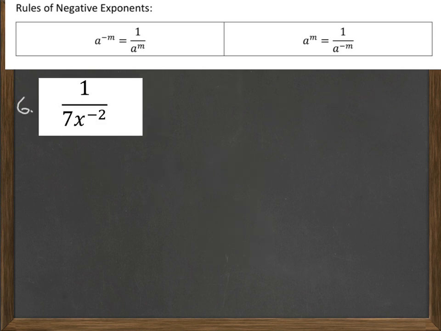All right, now we're finally getting into applying this rule right here. This is where it gets really interesting. So we have 1 over 7 times 1 over x to the negative second power. The 1 over 7 is fine. We don't have to mess with him. He's just chilling. What we do have to do is rewrite this using only positive exponents.